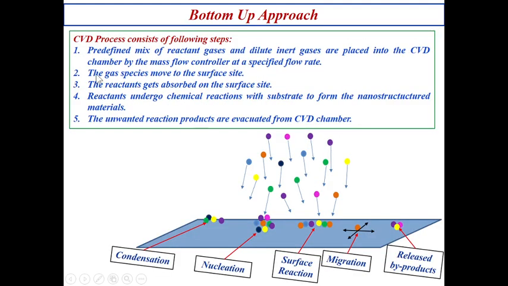Then what is going to happen? The gas species move to the surface side. These gas molecules or precursor molecules move towards the surface side. Surface side means this is your substrate.